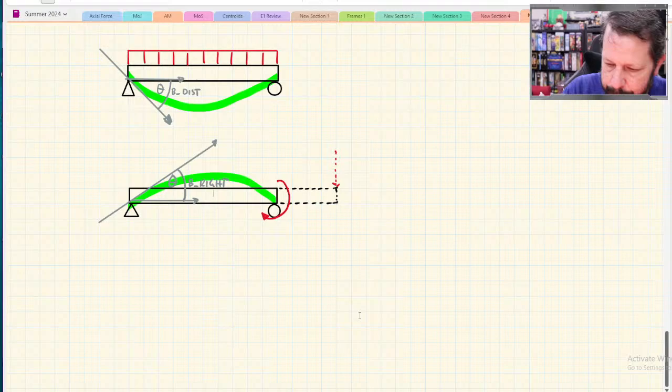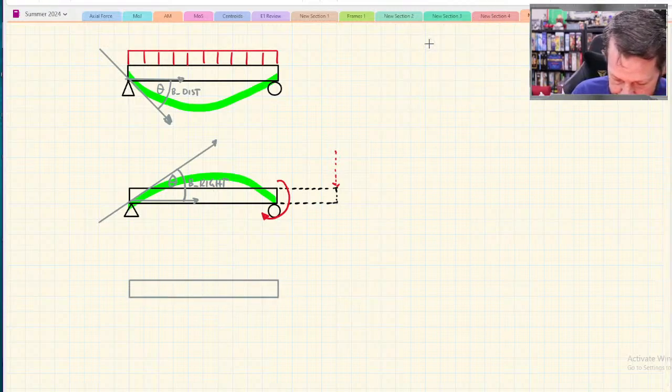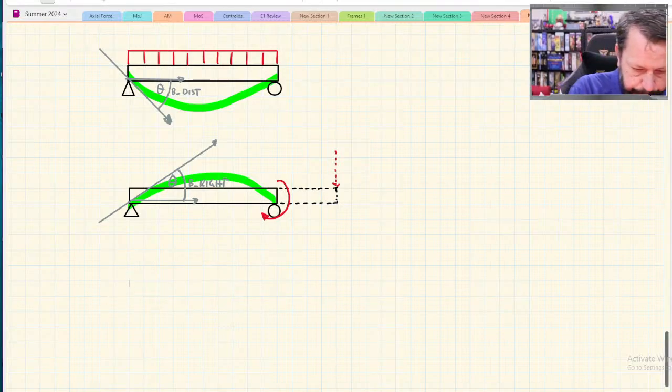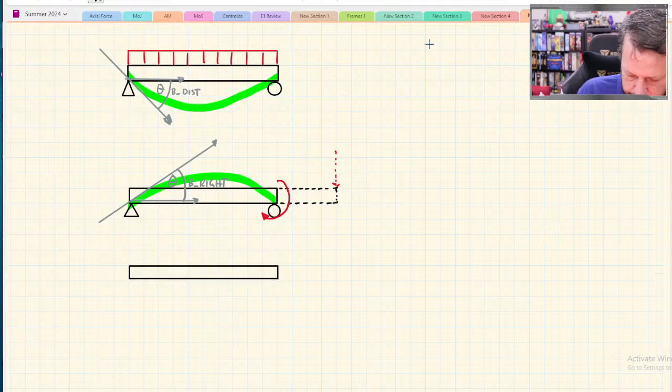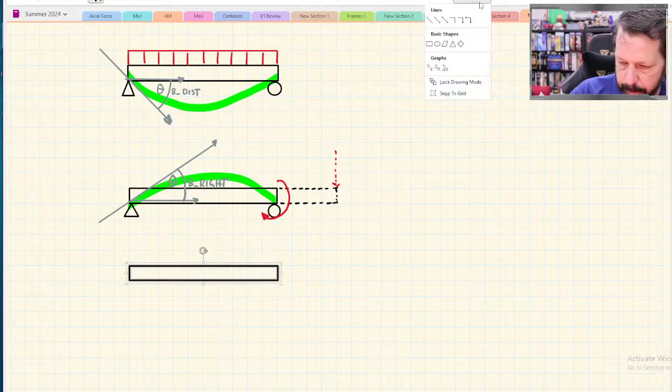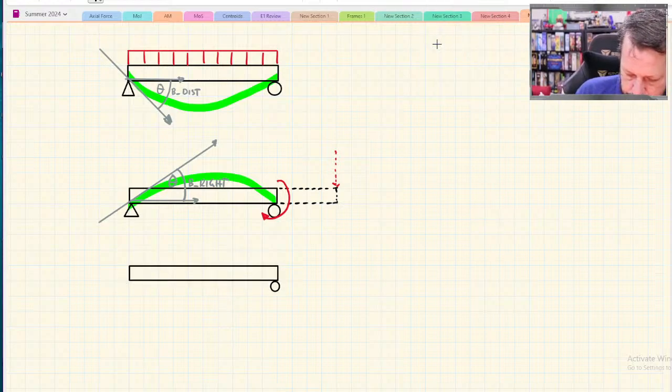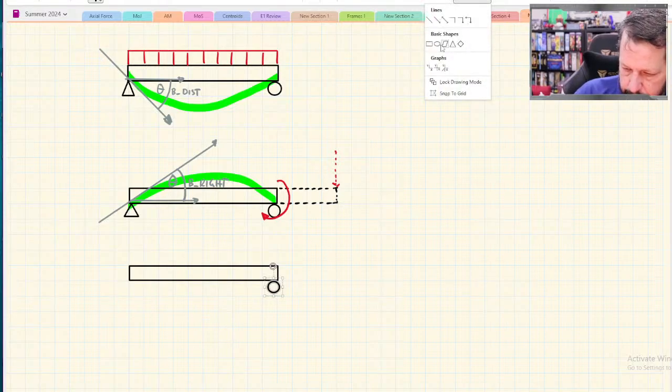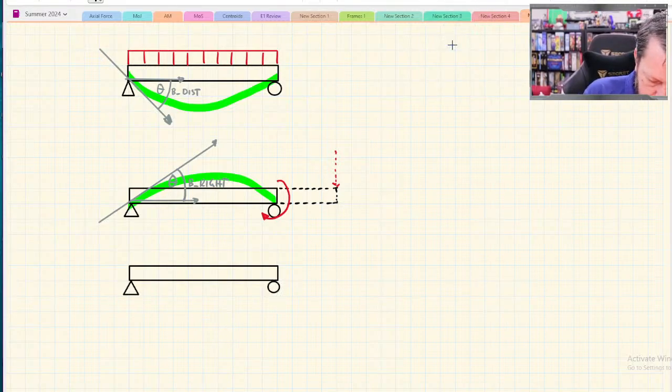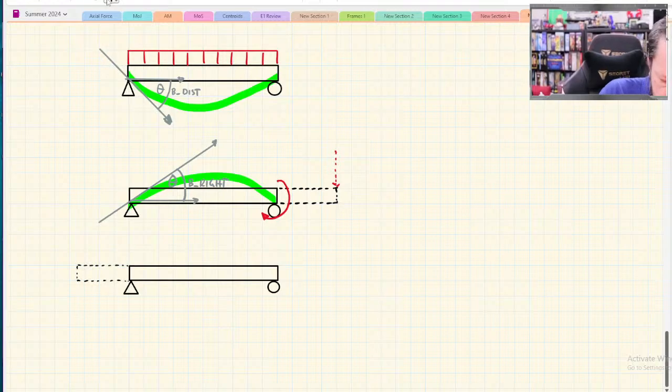And then just so my notes are complete here, let's do the other one. So we've got our roller, and we've got our pin, and we knew that really the beam is out here, and there's a distributed load.